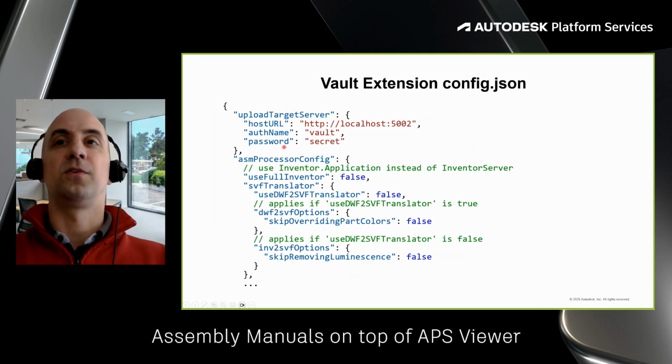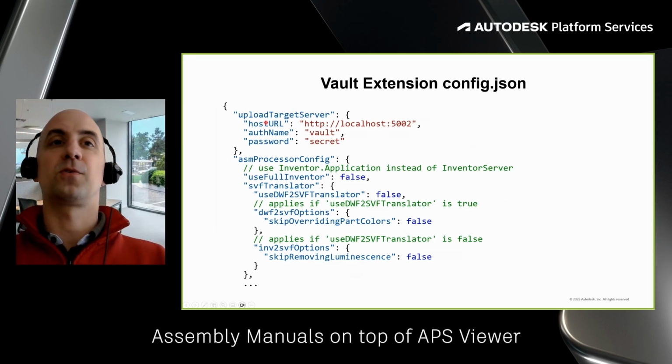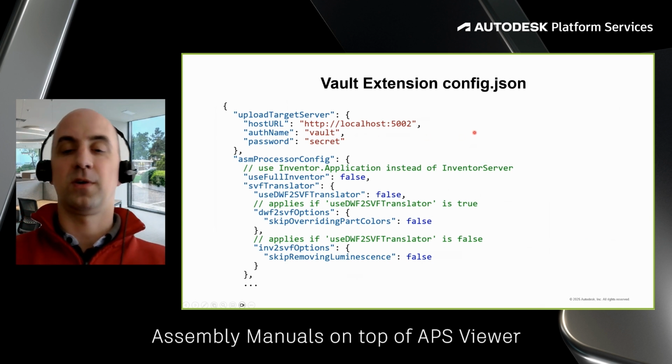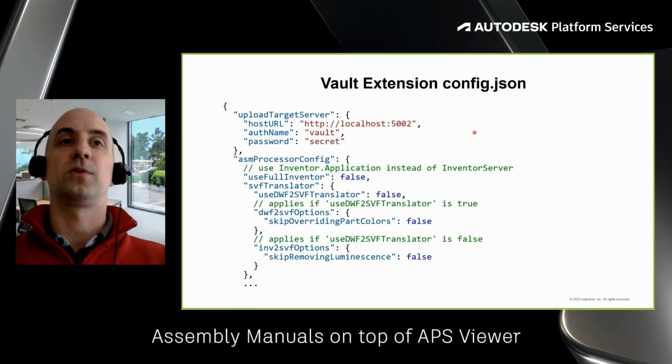So we just use JSON for configuration here. Up here are essentially the credentials of the assembly manual web app, which is where to upload the data, the SVF and the BUF that I've mentioned.